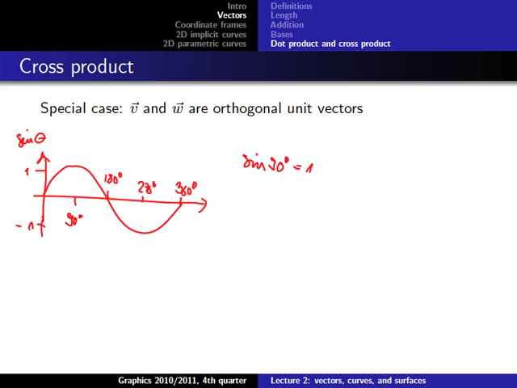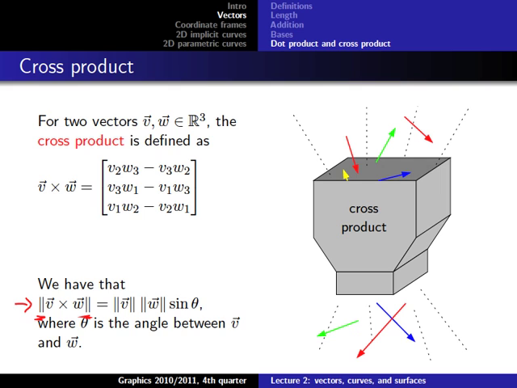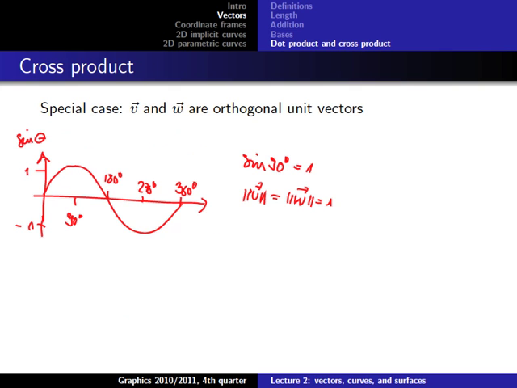If we have unit vectors, this means the length of v and the length of w is 1, and that means, based on that formula here, the length of the cross product is 1. So this is a very easy way to get an orthonormal basis. Good. So what we do is we have a vector here, and we have another vector here.